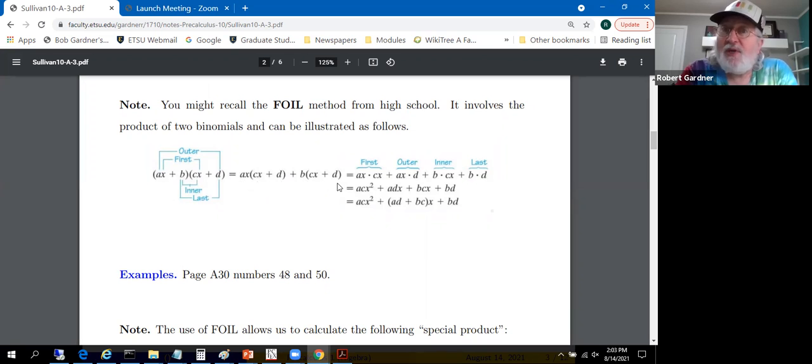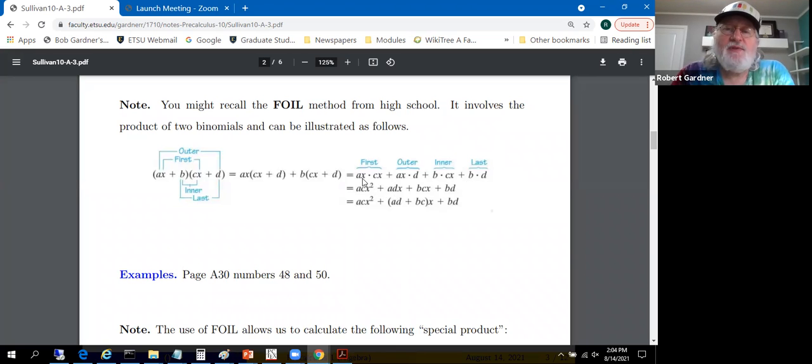Let's do another application of distribution. We'd have ax times cx, ax times d, and distribute over here to get b times cx plus b times d, and that's the last 2 terms. Let's simplify it a little bit. They've used the dots to indicate the most recent act of multiplication, is how they've broken these up in this particular line.